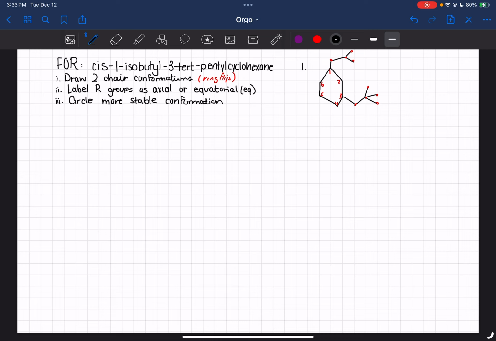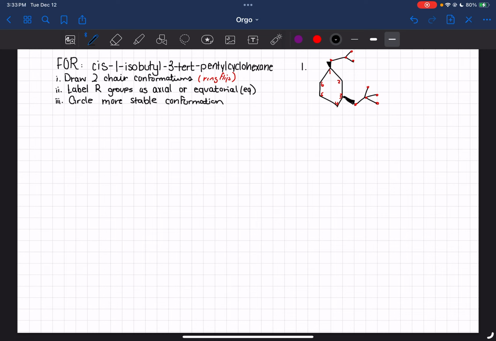So cis means two things. Cis can be that both of these groups are on wedges or both of these groups are on dashes. Because it's cis, you can just put a wedge here and a wedge here.